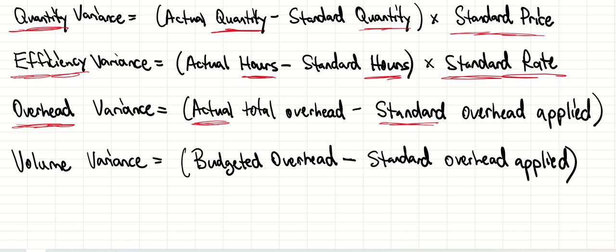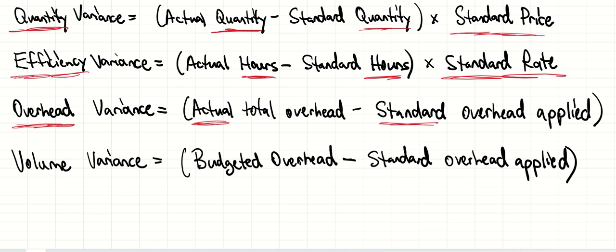When companies are applying the overhead, they are simply using a technique to artificially apply the overhead. So it's like an estimated amount. Budgeted is also the same thing, it's estimated.